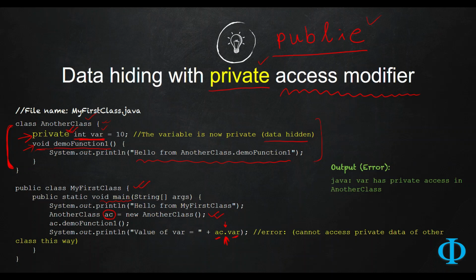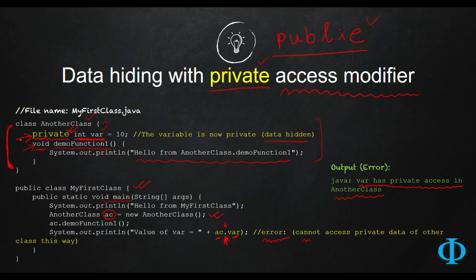This way we have successfully accessed all the data members as well as the method members before. But in this slide, since we have used this private keyword before this int var, you will see that an error occurred like this. And most probably the error message will be something similar, that var has private access in AC. So why? Because the answer lies in the definition of private.